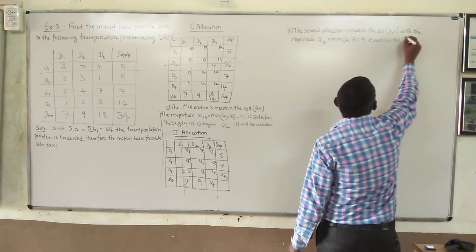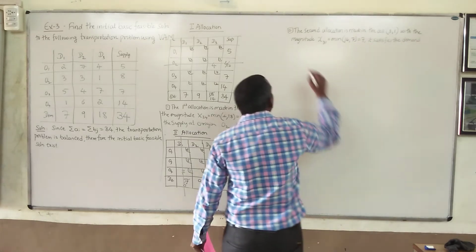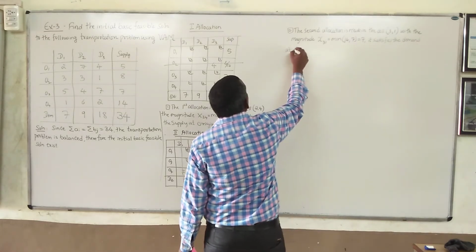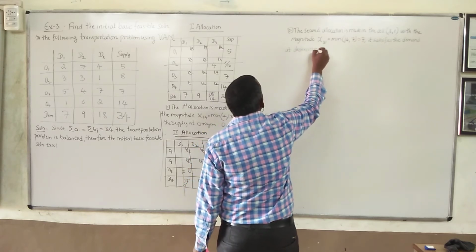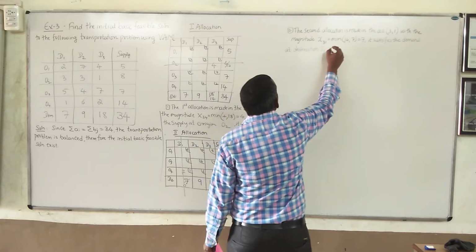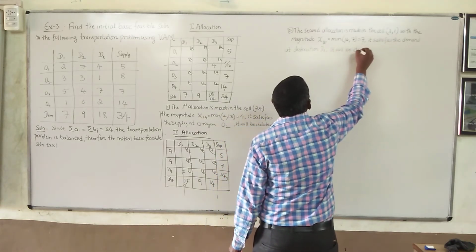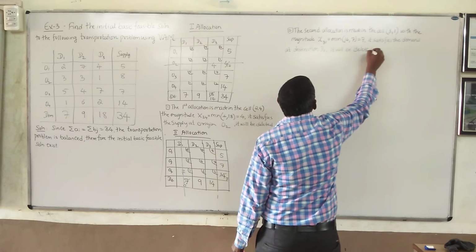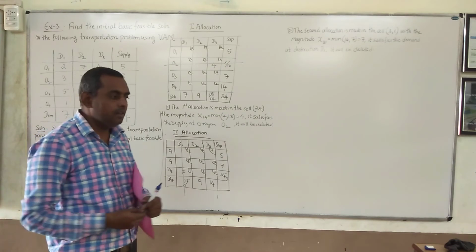Hence it specifies the demand at destination D1. It will be deleted. So now we have deleted that one. Fine.